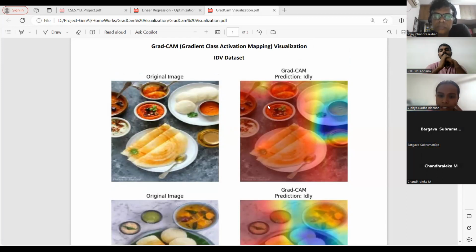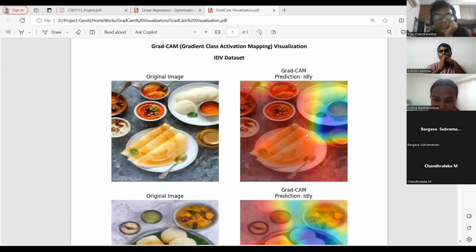What happened here was we used the trained model, and over that we used the GradCam visualization. This is the original image, can you see it? Yeah. And the prediction says Italy.